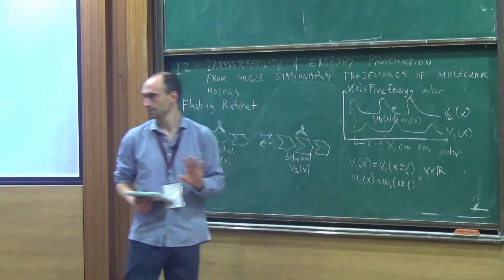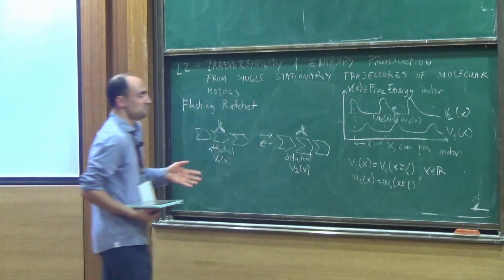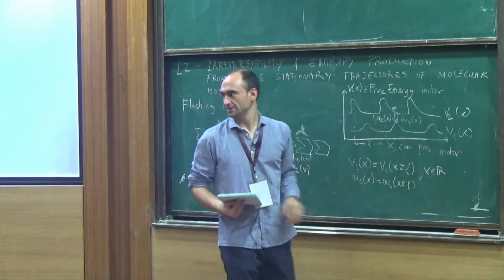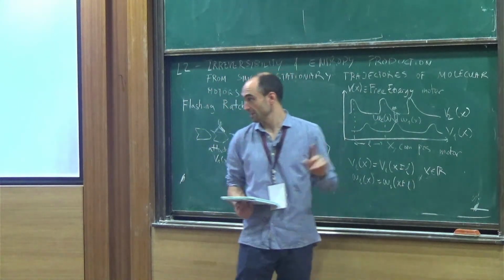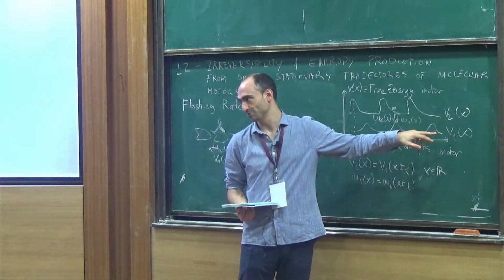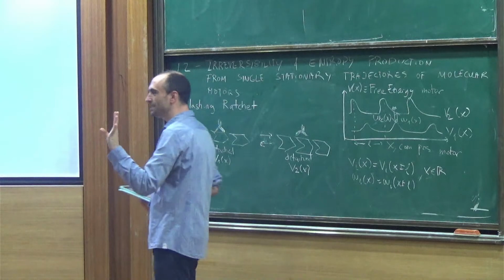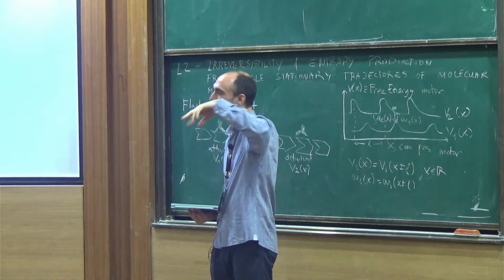And then V1 is symmetric, the second potential is symmetric, or both? In general, I consider both asymmetric. But you could have, for example, V1 equal to 0, flat. This will appear in the model I will use later. Zero would be free diffusion.